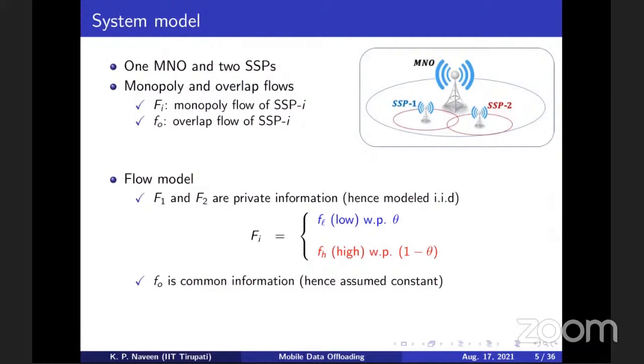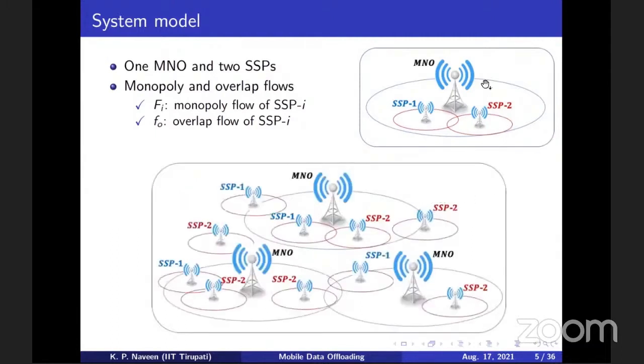So this simplified illustration can be extended to a much bigger setting also. The only constraint is that I'm assuming these MNOs belong to the same operator, while the base stations and their SSPs are owned by two competing operators. SSP1 may have some set of base stations deployed, and similarly SSP2 may have some set of base stations.